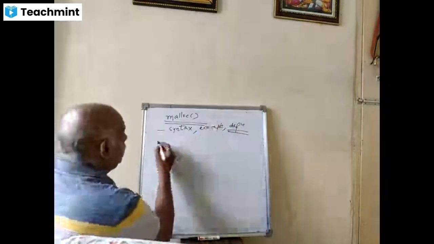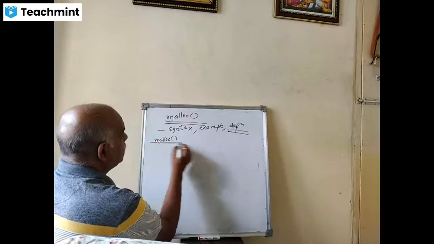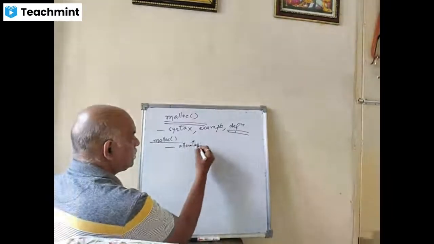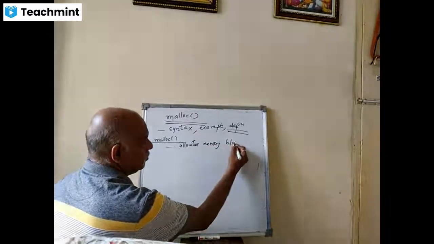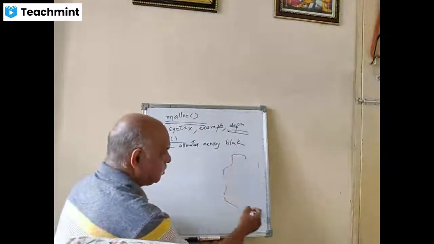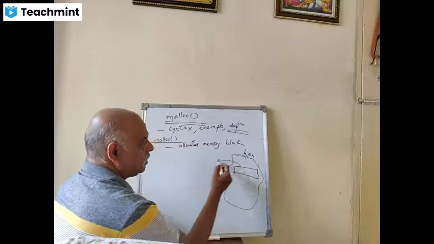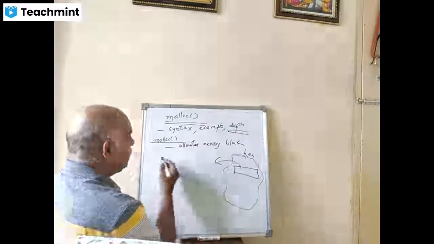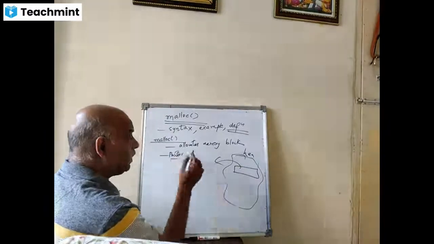So the malloc function allocates a memory block. There's a huge heap of memory from which you can take one block for your use. It allocates a memory block and returns a pointer.